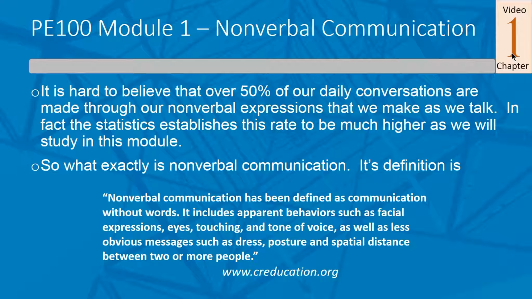This is just a definition I pulled off the internet from creducation.org, but it does give us a good example. Here we're saying that over 50% of what gets conveyed is exactly that, without words.